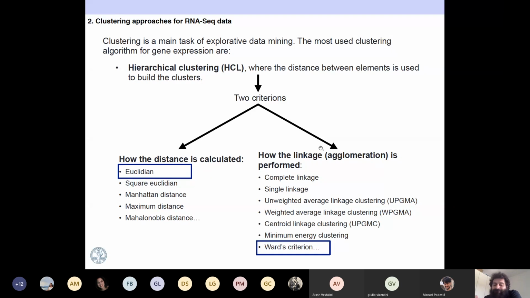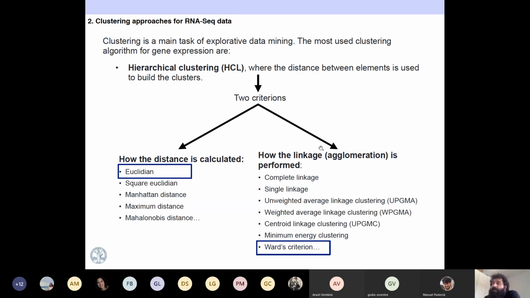Which one you should use? It depends. By default, we are using Euclidean because it's very simple. But of course, there are some other ones that can be more suitable for your data. And how the linkage is performed, how the agglomeration is performed, again, it depends.